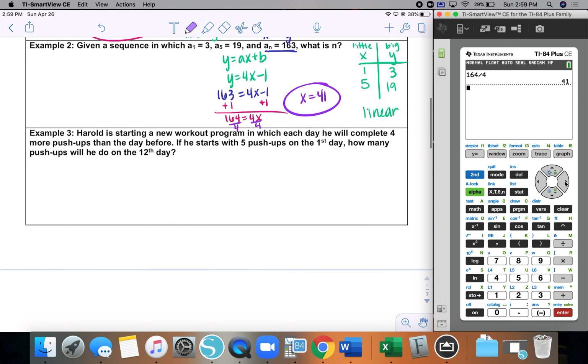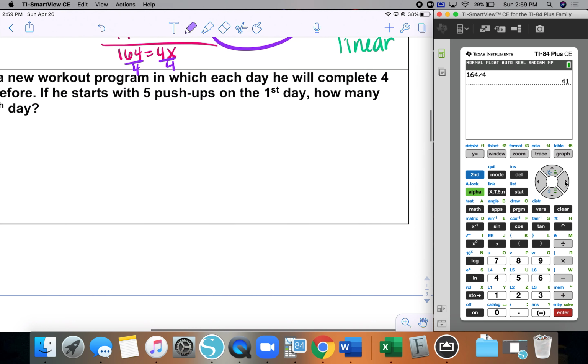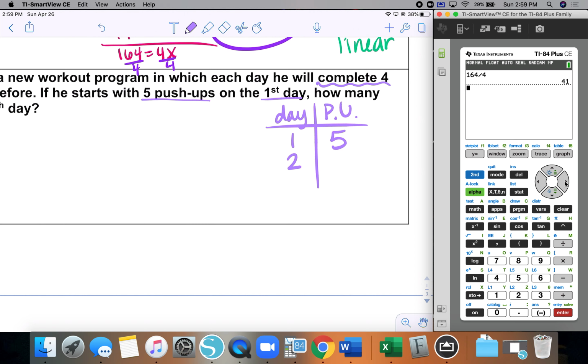For example 3, Harold is starting a new workout program in which he will complete 4 more push-ups than the day before. If he starts with 5 push-ups on the first day, how many will he do on the 12th? So we're going to make a chart with days and push-ups. We know that he starts with 5 push-ups on the first day. So day 1, he has 5 push-ups. Now they don't tell us a number specifically for day 2, but they tell us that he will complete 4 more push-ups than the day before.